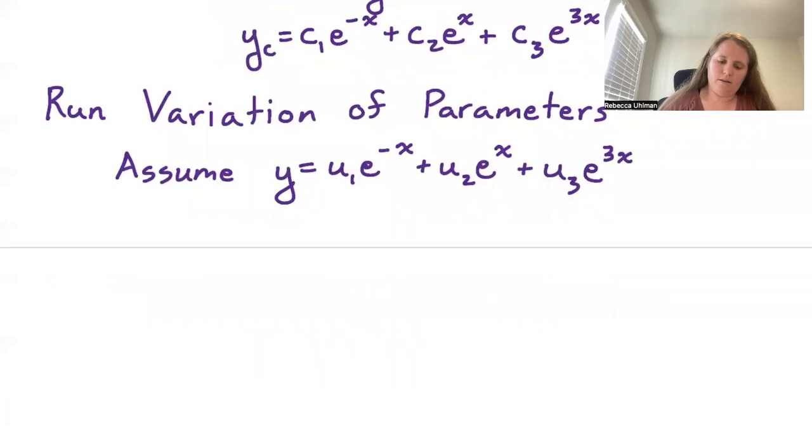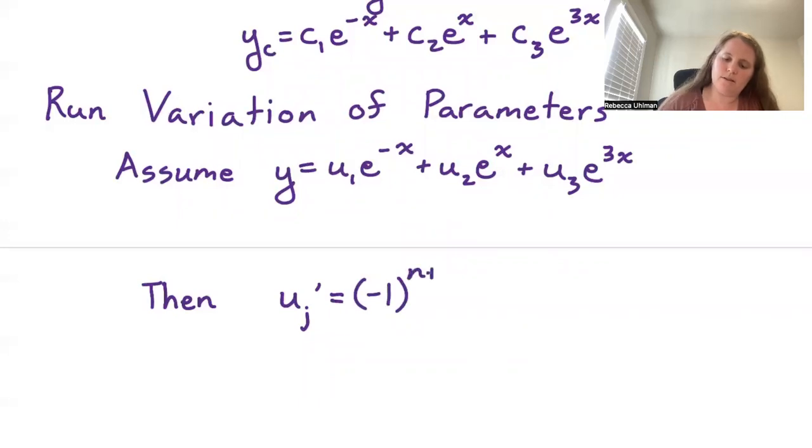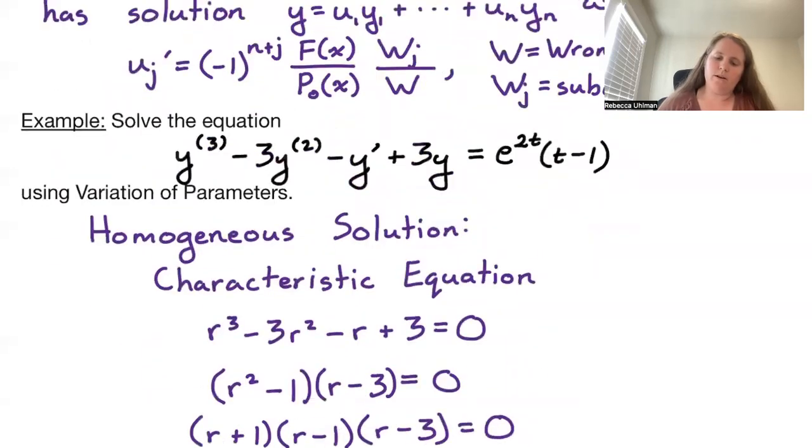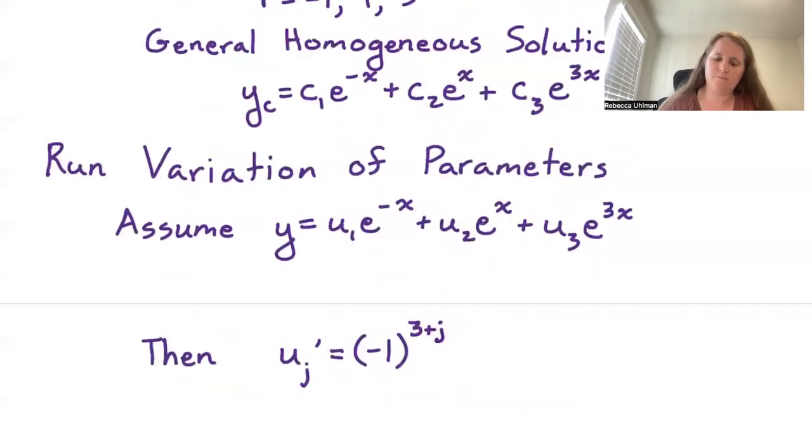And we get then that uj prime is equal to -1 to the n plus j. So in this case, n is 3. -1 to the 3 plus j times f of the x over p naught. So for this problem, our f of x is e to the 2t times t minus 1.